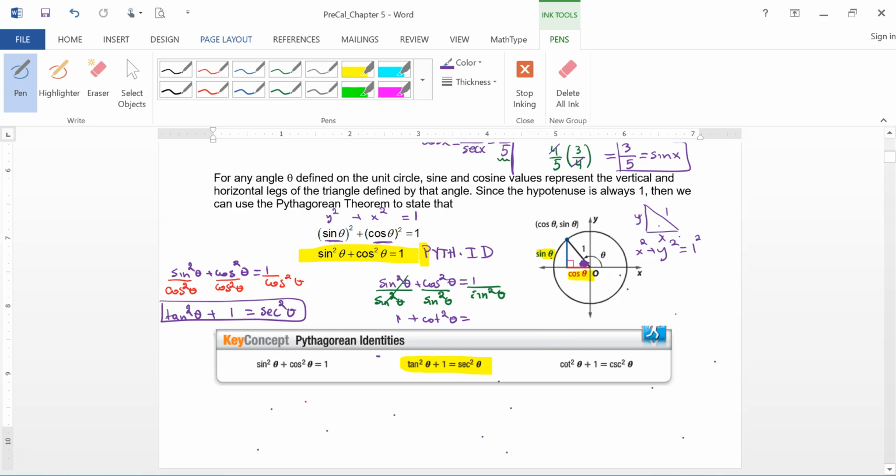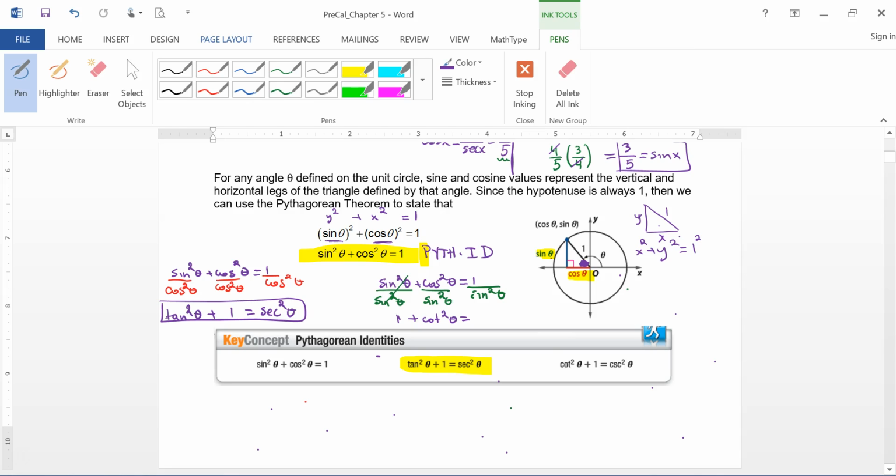Okay? Now, I still have to find cosine. I know that cotangent of theta is cosine theta over sine theta. So, cosine theta equals sine theta times cotangent theta.